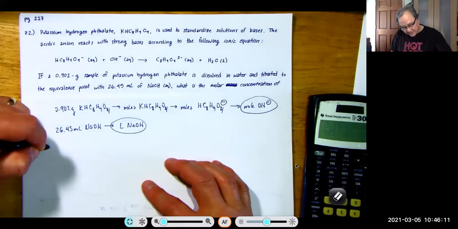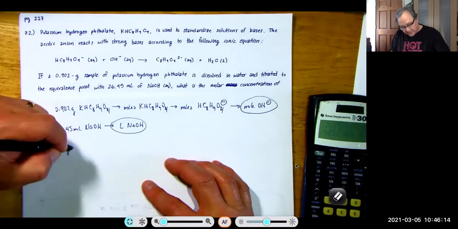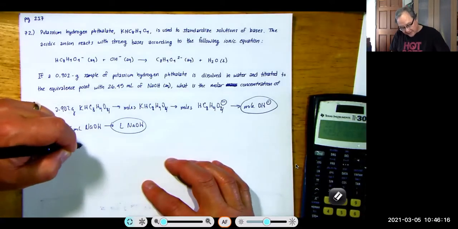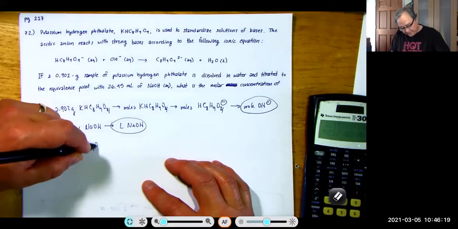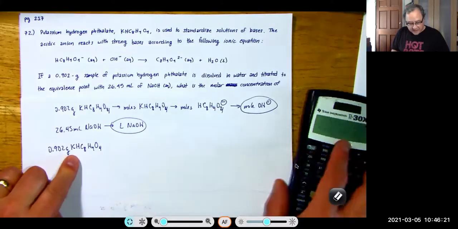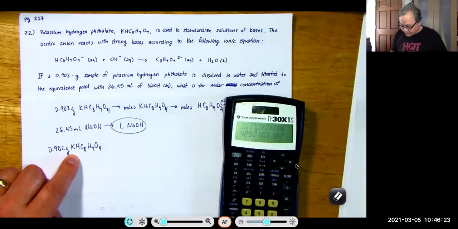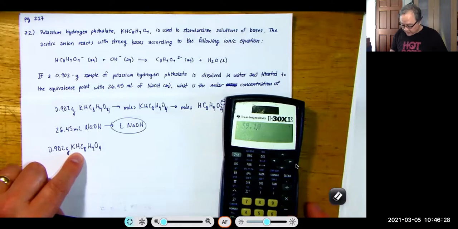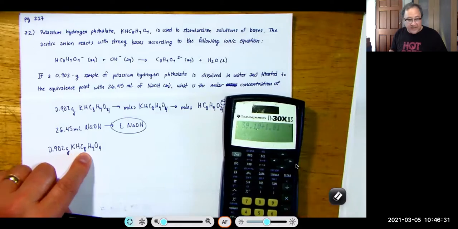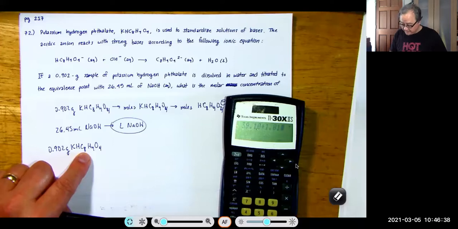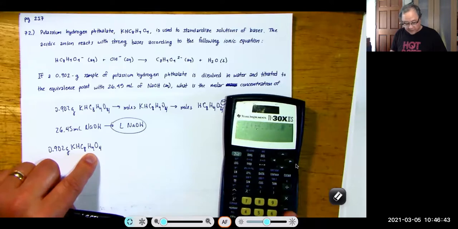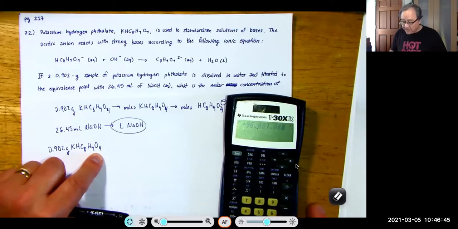So 0.902 grams of potassium hydrogen phthalate. The molar mass of this guy, potassium is 39.10. Hydrogen is 1.01. 8 carbons is 8 times 12.01, which is 96.08. And then 4.04 for these 4 hydrogens, and 64.